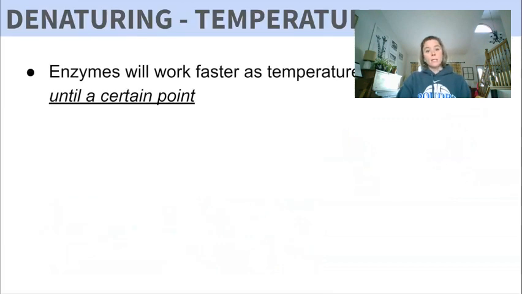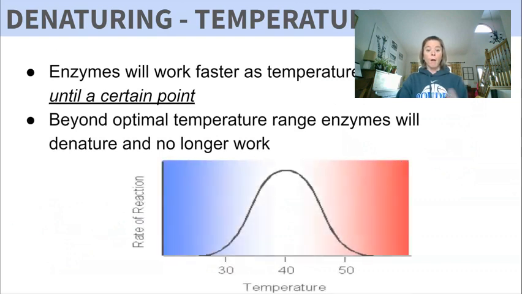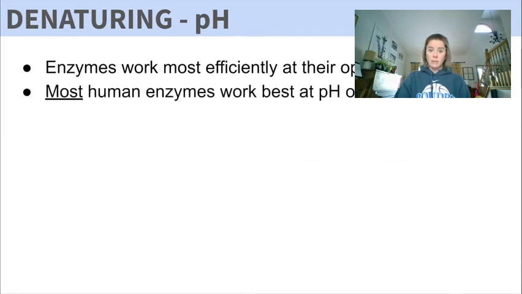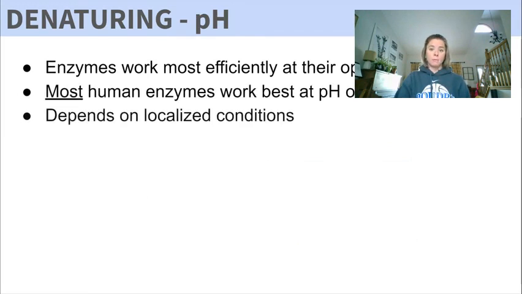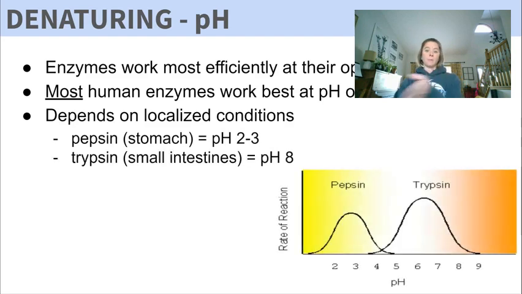So how it works on temperature is that up to a certain point, enzymes work really, really well. And then at a certain point, high or low, that enzyme is just so denatured that it doesn't work anymore. With pH, how it works is basically the exact same way. Most enzymes work best in the human body between 6 and 8. Every organism has a different set. Different locations in your body have different sets. But essentially, it's the exact same idea that there's an optimal range, and you can see the two optimal ranges here.